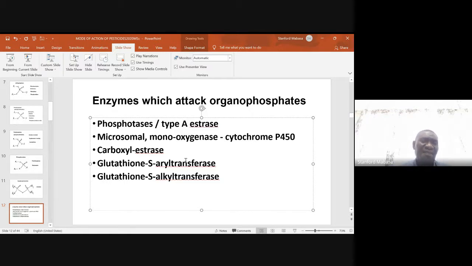So these are some of the enzymes which catalyze organophosphates. But I'm sure you may remember this cytochrome P450, because we are going to talk about it a bit. Even the phosphatases.